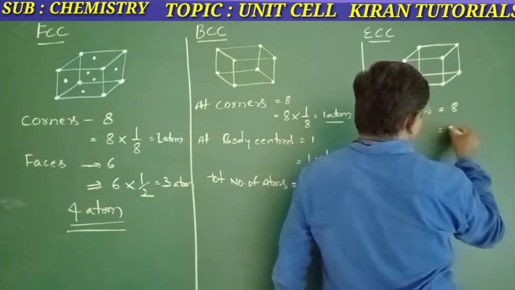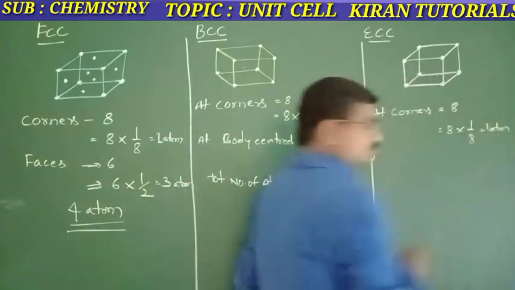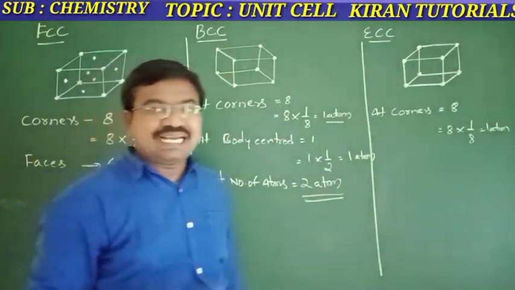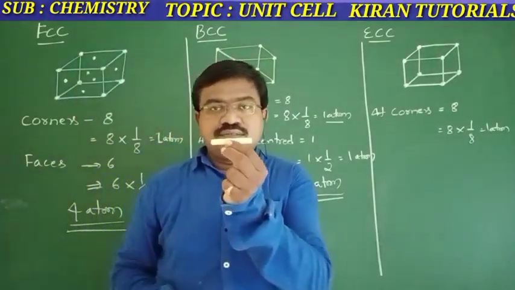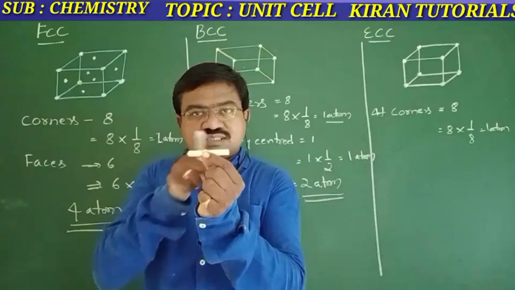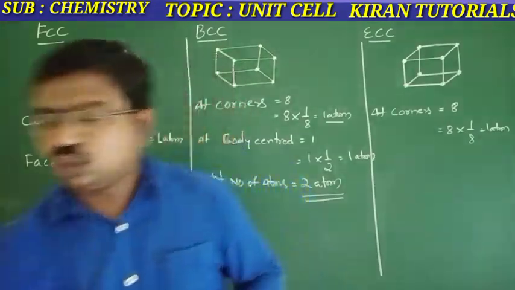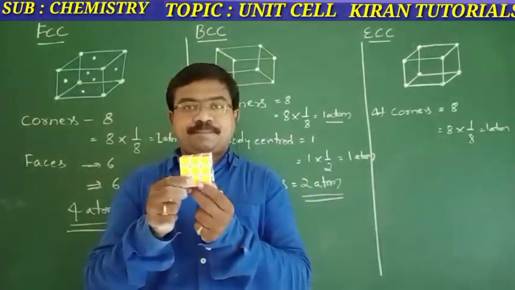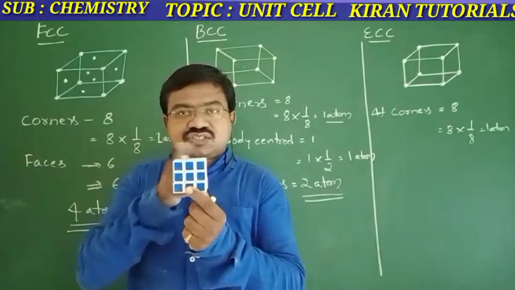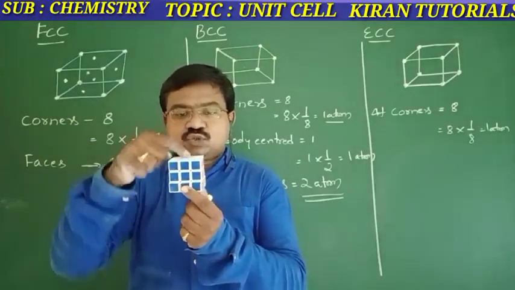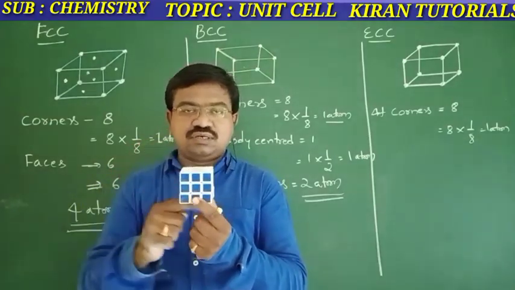So 8 into 1 by 8, that is equal to 1 atom. And sides, see, for example, see this one, these are ends and these two are sides. Clear? You can take a cube. If these are ends, then these two are called sides.